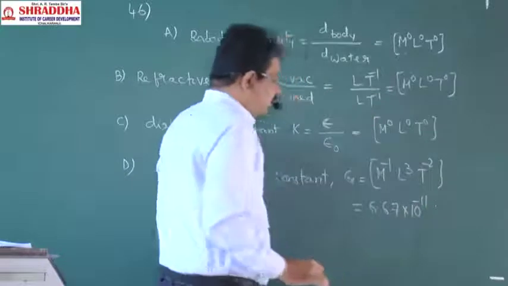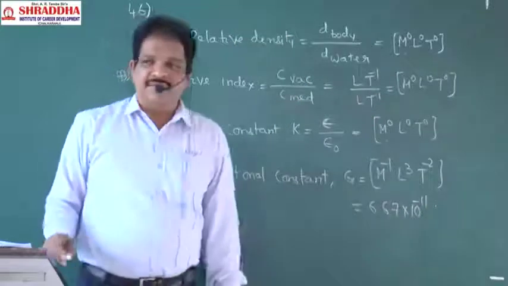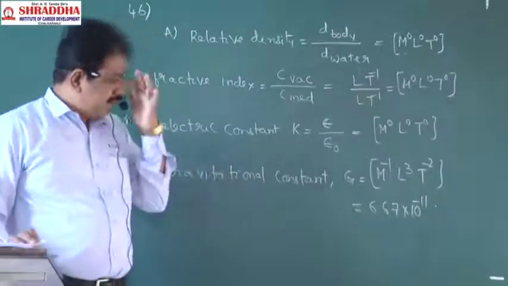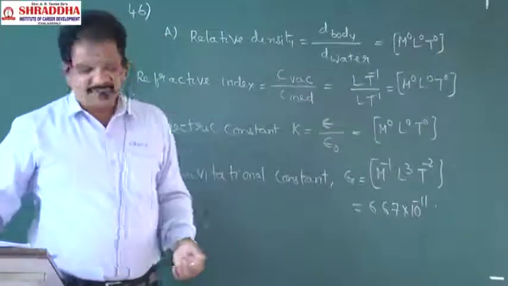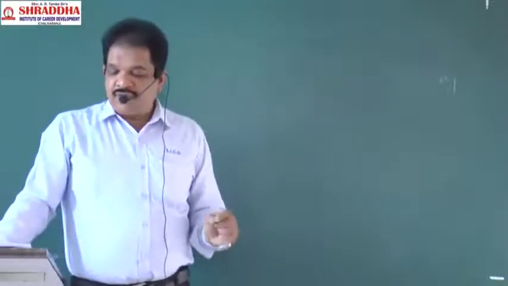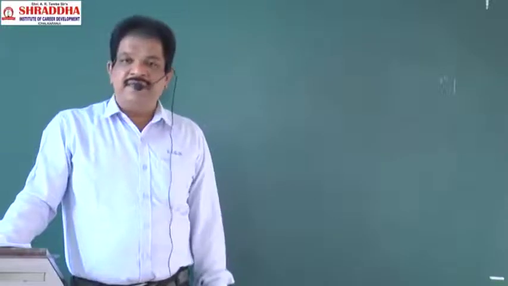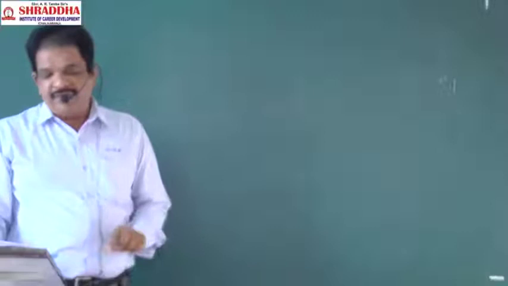6.67 into 10 power minus 11. So its value is constant and it is having dimensions. Okay. Next, 47 you see. Which of the following physical quantities is a dimensional variable? Means it is having dimensions. Angle is having no dimensions.